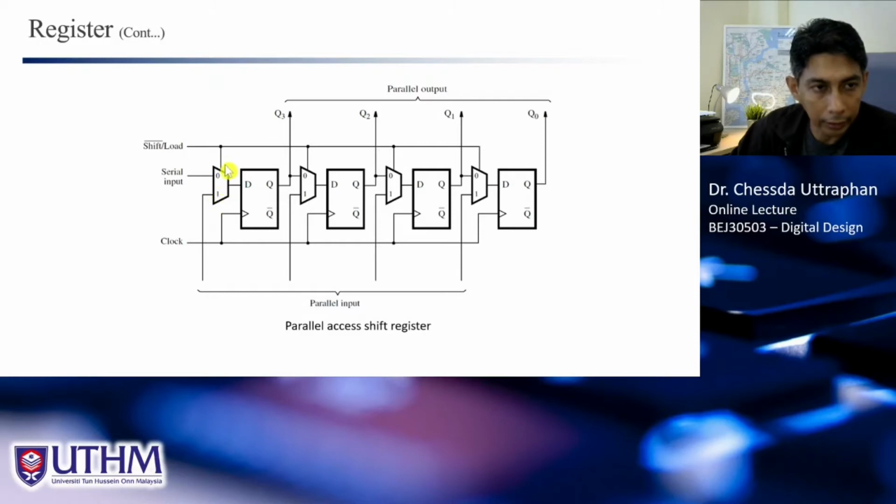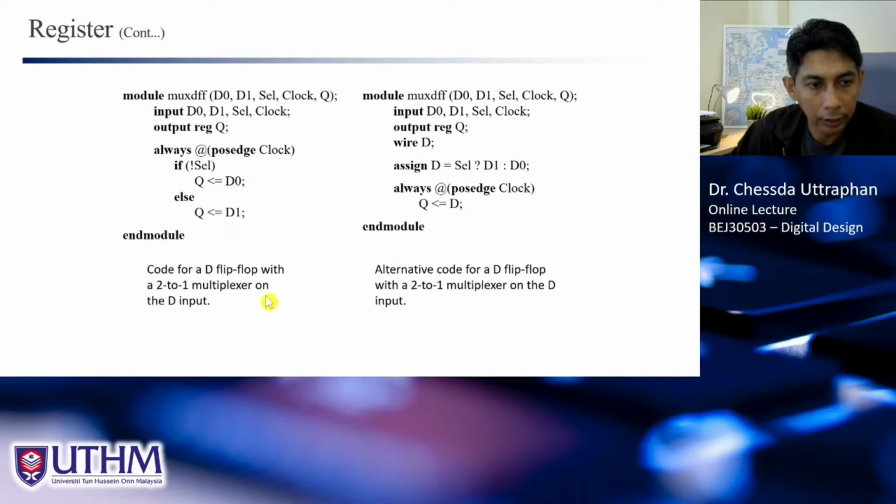When this signal is 1, 1, 1, 1 here, this will go to this, and this will go to this, and this will go to this, and this will go to this at the same time. So that we call parallel input or parallel load. And of course the output here is parallel output. So again, this is called the parallel load, or parallel access, shift register.